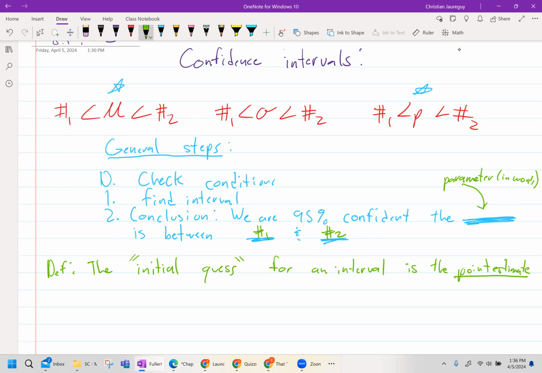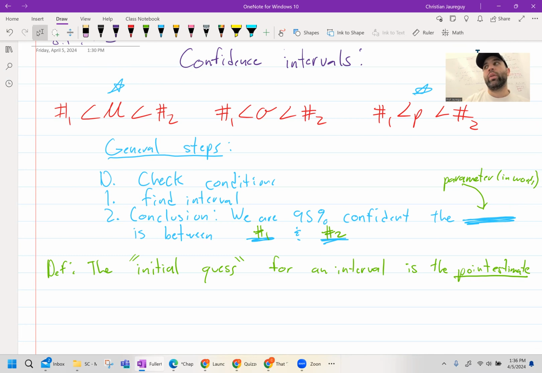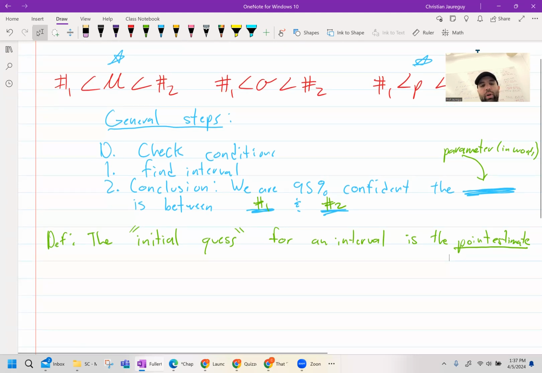So basically, I know I can't ask everyone, but maybe let's ask some people and get a general idea. As long as these people are random, then I should be more or less correct. If I ask 100 random Chapman students, hey, what's your political affiliation? Let's say I get 60% Democrat. Is that going to be perfect for the school? No. But it's got to be pretty close, right? So I call that my initial guess, no problem.